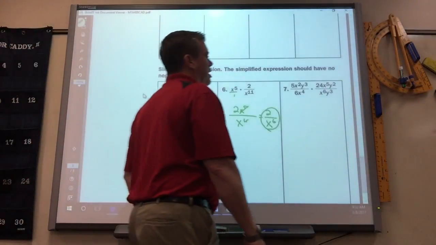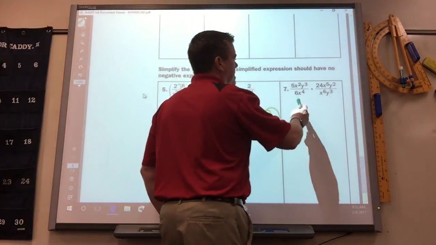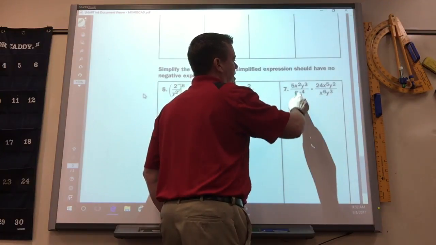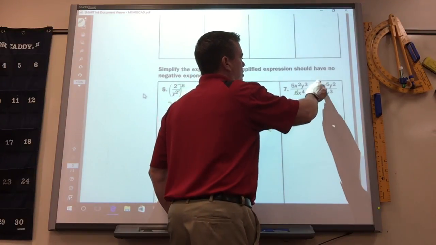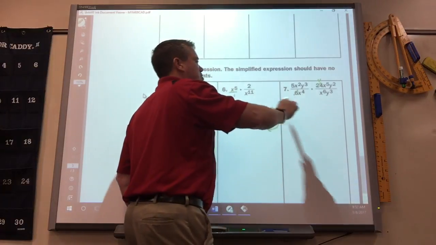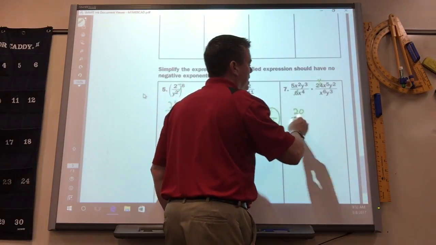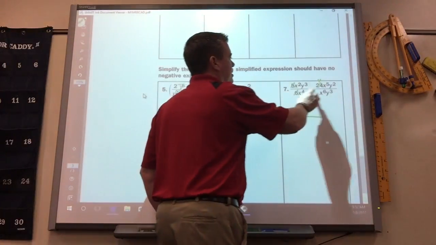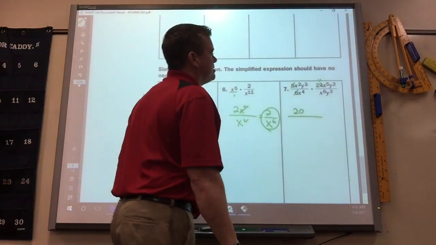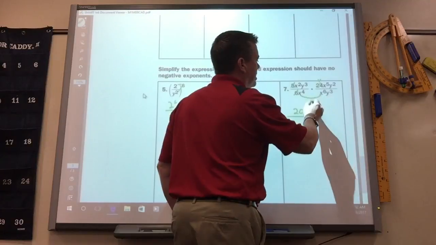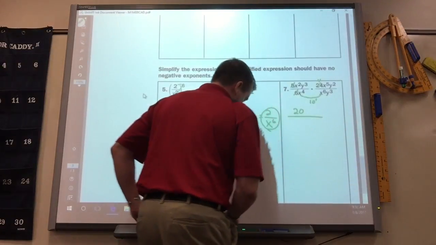And then this one you're going to want to do in steps. Cross cancel any numbers you can. The 6 goes into 24 4 times. So then the numbers, it's a 5 times 4, both on top, so that makes 20 on top. Then the x's, I've got 10 of them on the bottom.